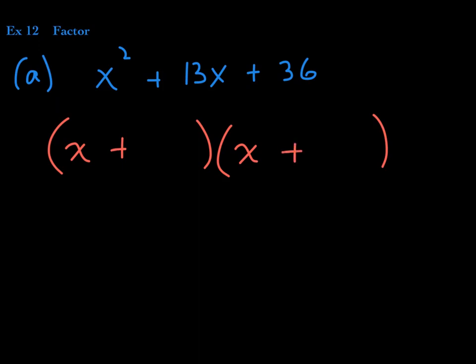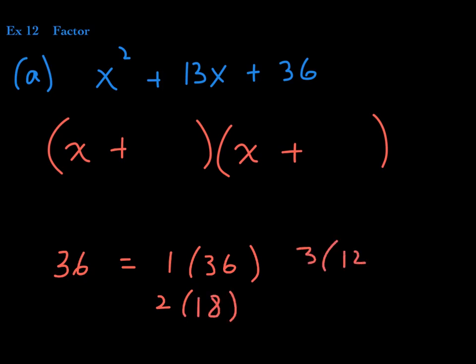Now I start thinking about the number 36. I start thinking about different factors. Of course, you have 1 times 36, 2 times 18, 3 times 12, 4 times 9, 6 times 6. There's a lot of factors. But remember that you're looking for the pair of factors that adds or sums to 13.